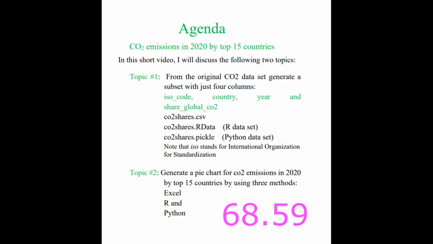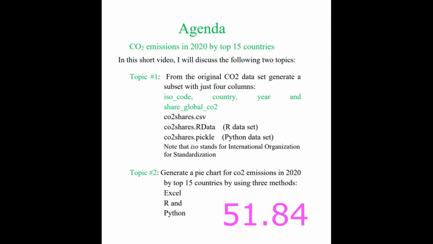Topic number 1. From the original CO2 dataset, we generate a subset with just 4 columns: country code, country name, year, global share of CO2 emission.